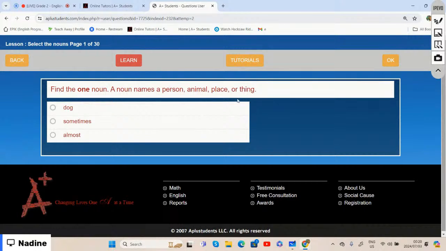So we need to find one noun, right? And it says dog, sometimes, or almost. We need to identify one noun. Is it dog, sometimes, or almost?